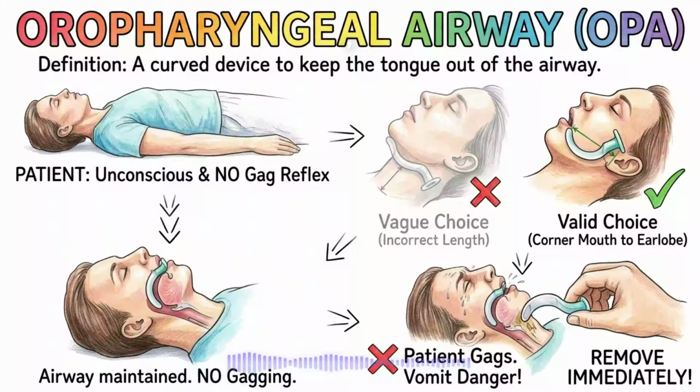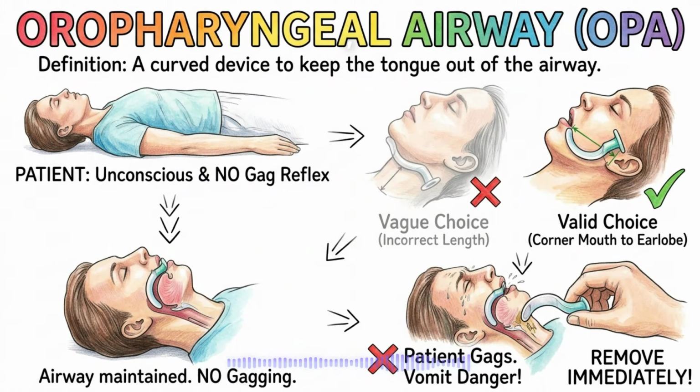Once the airway is manually opened, you will often insert an airway adjunct to help keep the tongue out of the way, starting with the oropharyngeal airway, or OPA. The OPA is a curved piece of plastic inserted into the mouth, but it can only be used on completely unconscious patients who do not have a gag reflex.